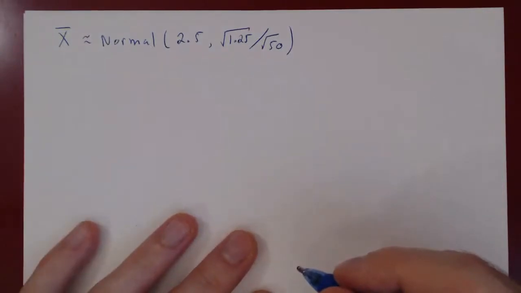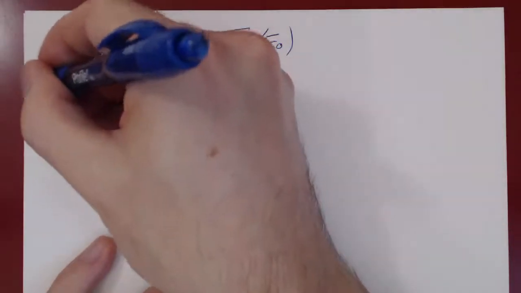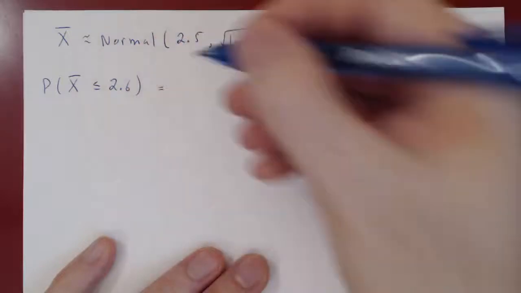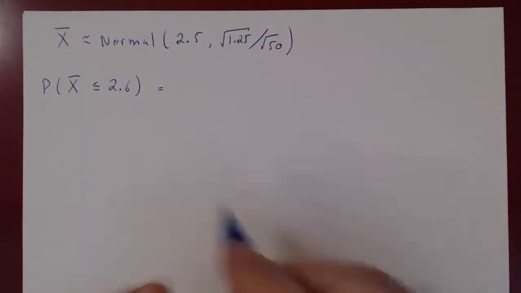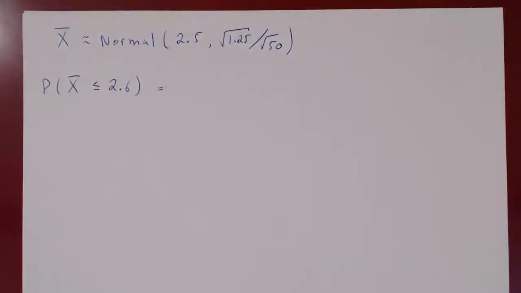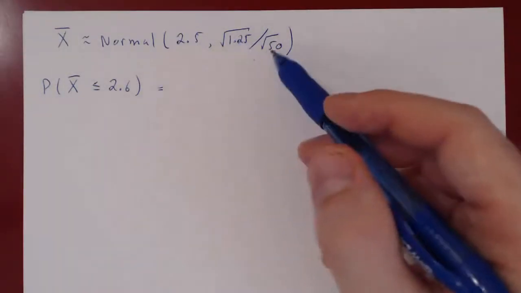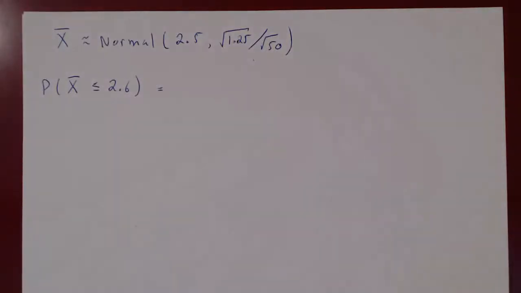And we wanted the probability that the average obtained was at most 2.6. Since we want the probability involving a random variable that is normal, it is not standard. The mean, as you can see, is not 0. The deviation is not 1. We have to first standardize and then read out the probability from the table for the standard normal distribution.